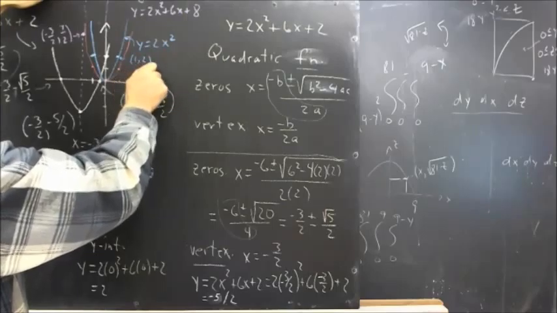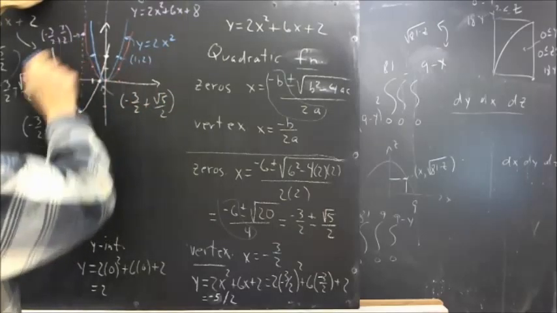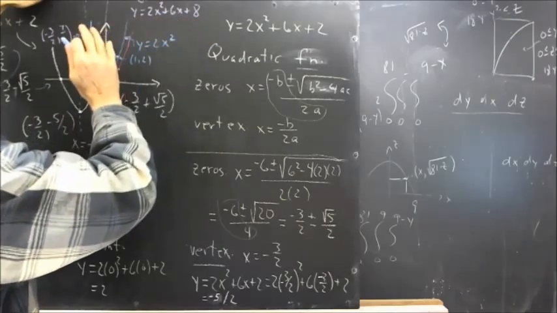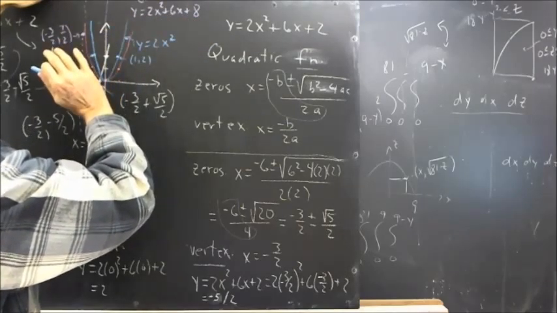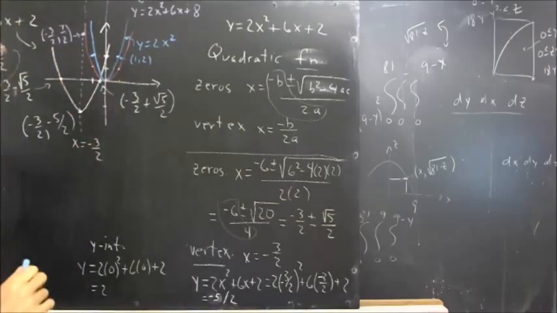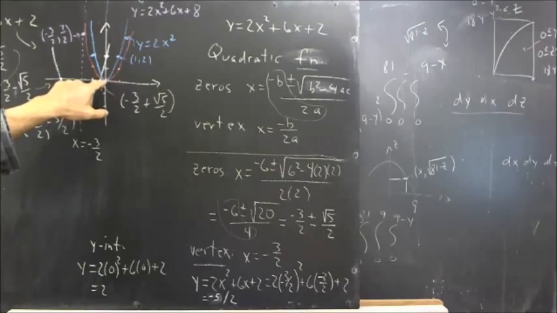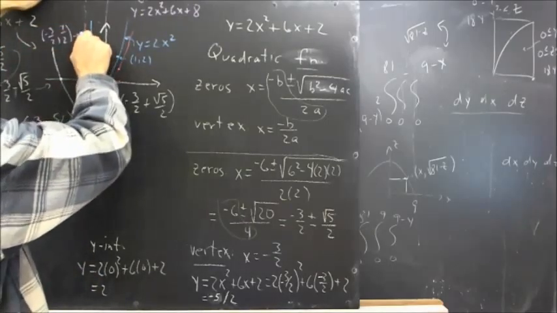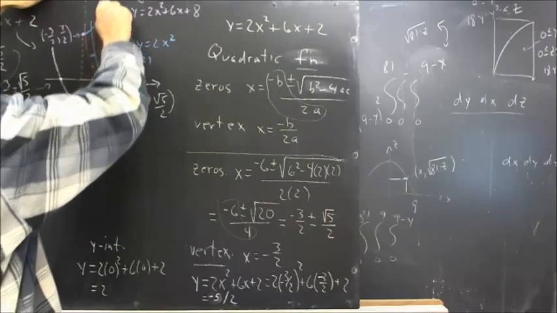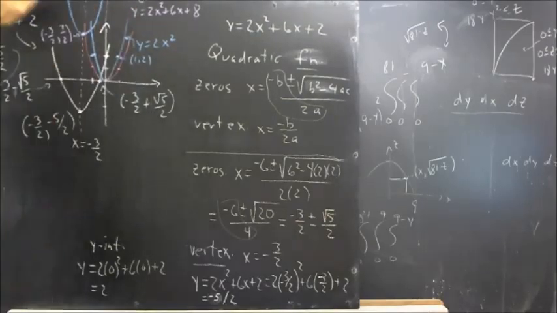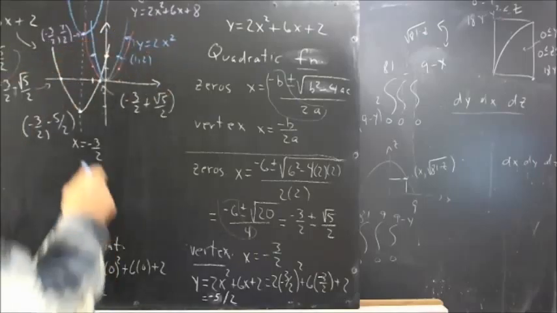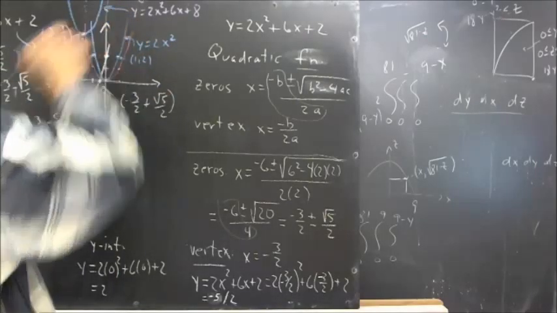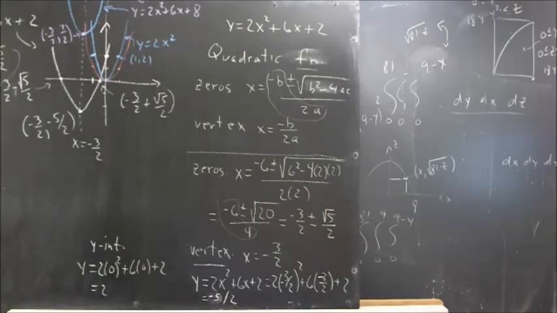If we shift these points negative 3 halves of a unit, and up 7 halves of a unit, because the vertex is going to be here. The vertex is shifted negative 3 halves and plus 7 halves. We're going to get a pretty good graph of this new function. Okay, and if you understand that, that's a very good technique to use.